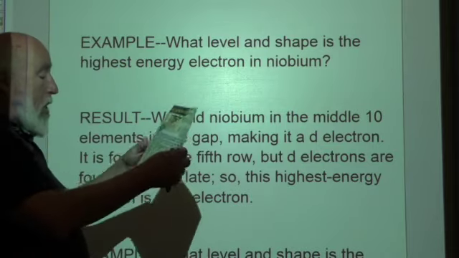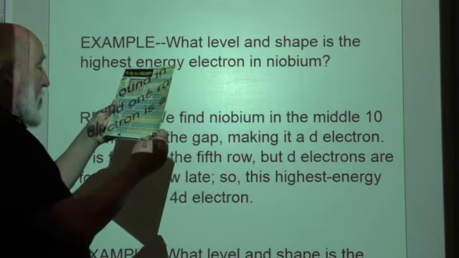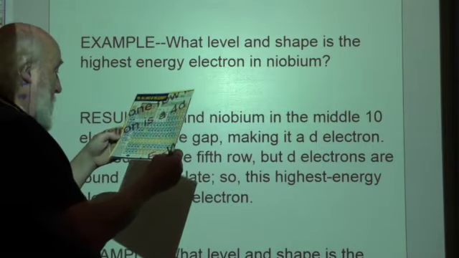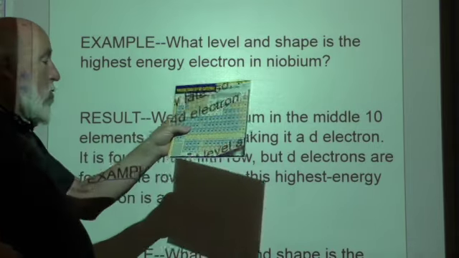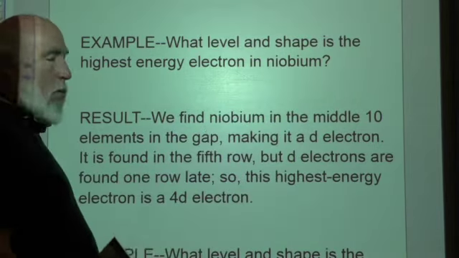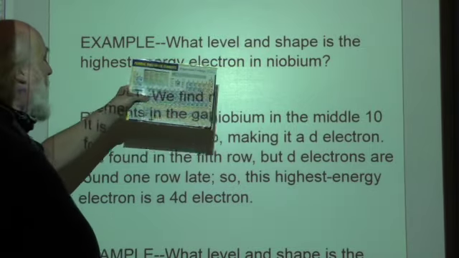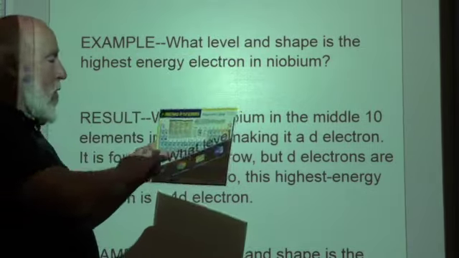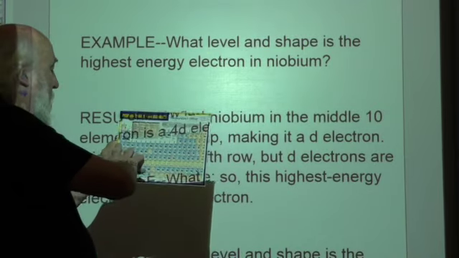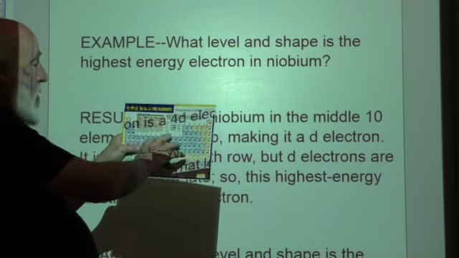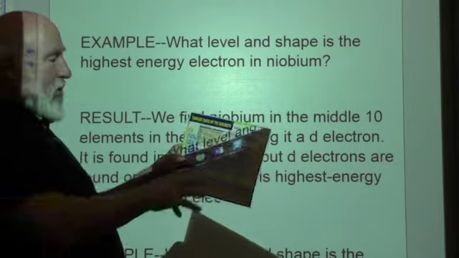We'll start with niobium. So let's find niobium. Niobium is element number 41, Nb. Not one of the ones I asked you to remember, but it's there. The question is, what level? Well, what kind of electron is that? Well, this is a d electron.